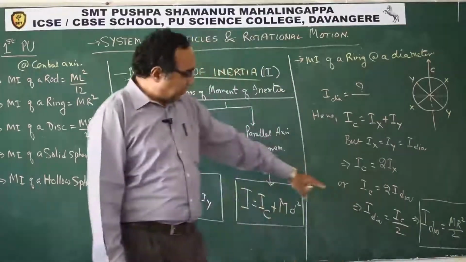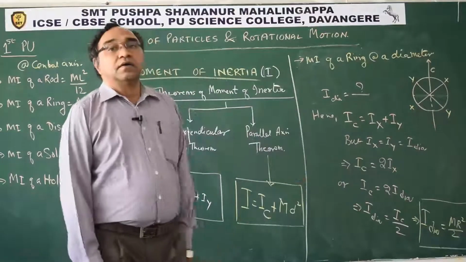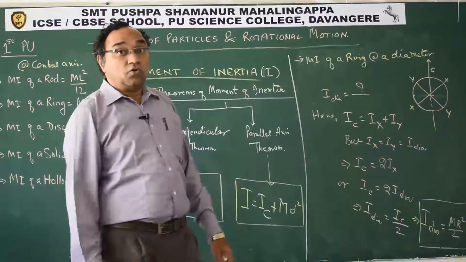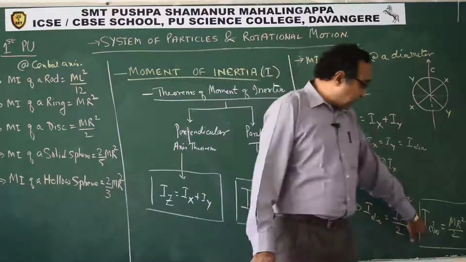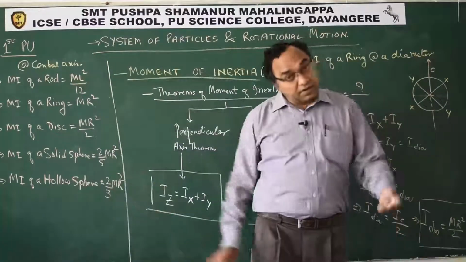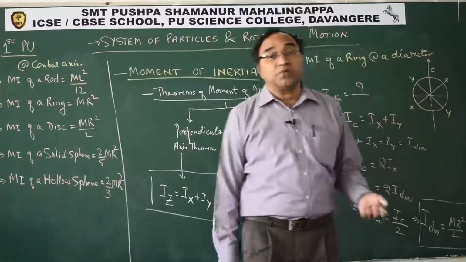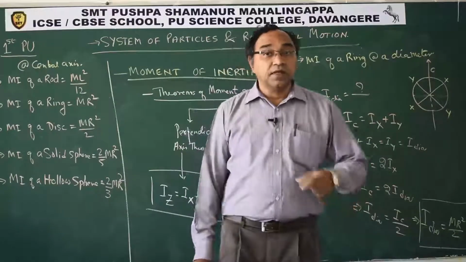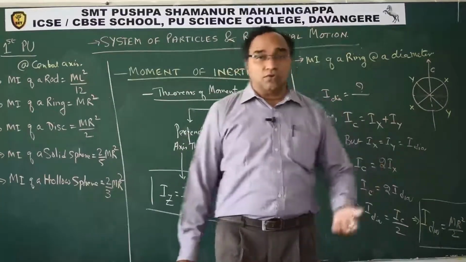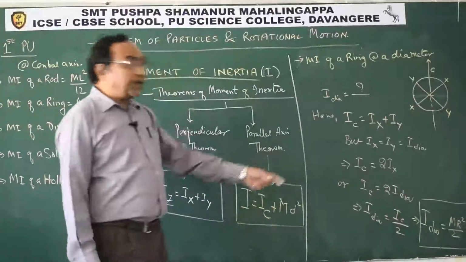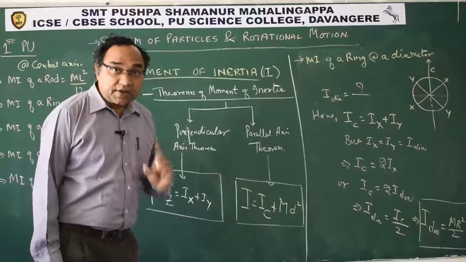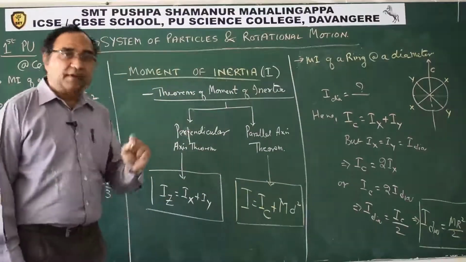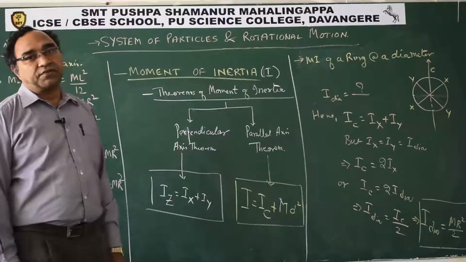This is exactly how we can find the moment of inertia about a diameter. Don't think that it has the same expression as the disc. That doesn't mean that if you measure the moment of inertia about a diameter, the ring will get converted to a disc. No, not like that. Numerically it is coming the same. That is the only relevant statement for the present situation.